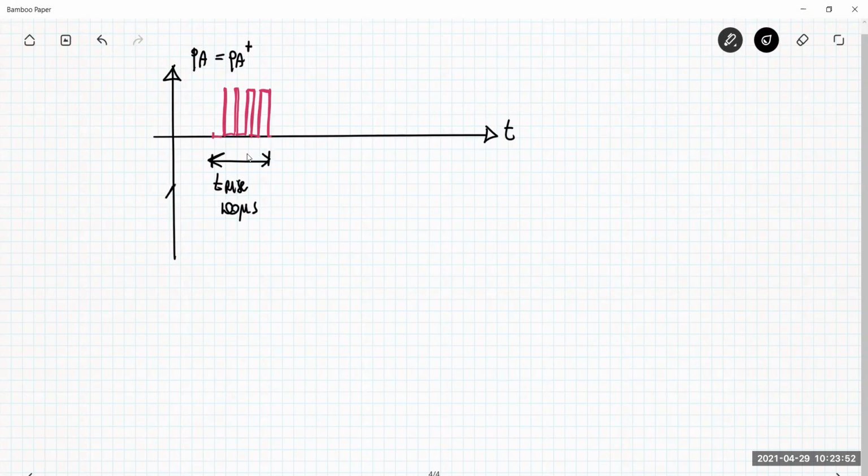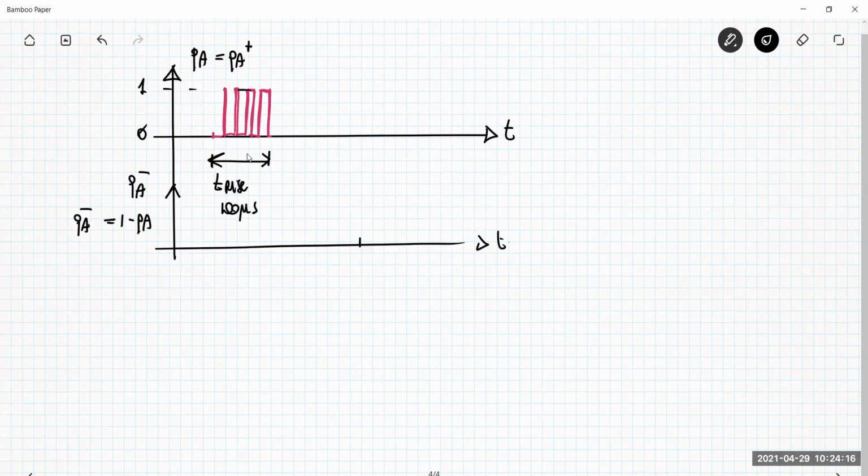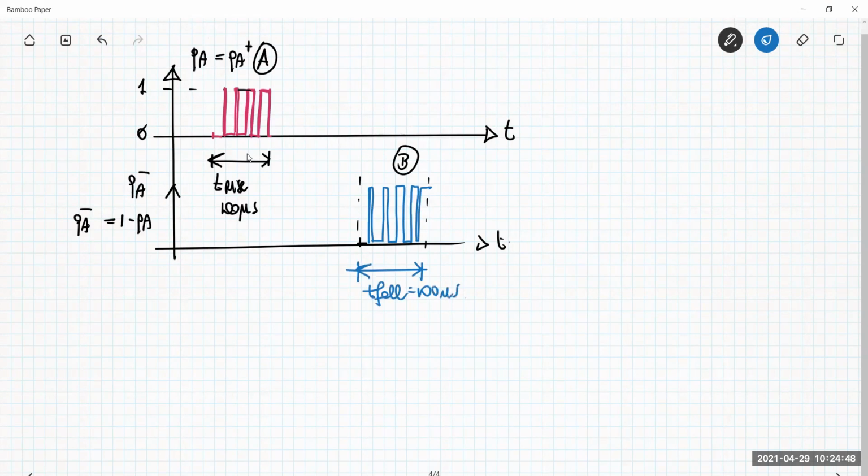Okay, and what about QA minus, which is 1 minus QA, the logical function, so this is the not version of QA, is something that goes from 0.2 to 1 during the interval T4 under the microsecond.